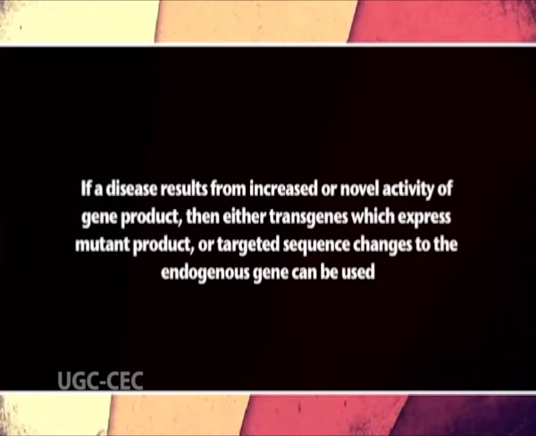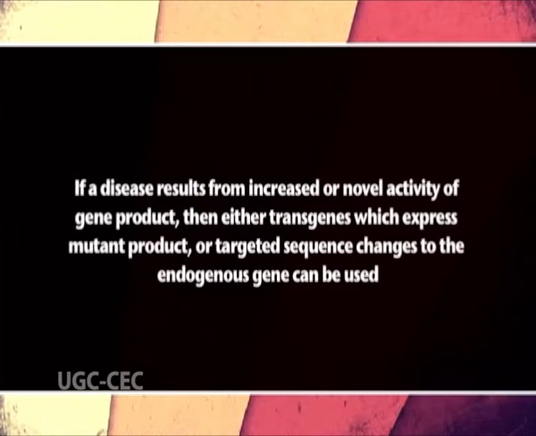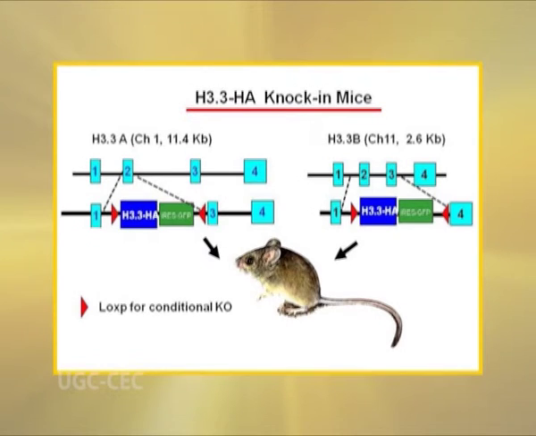If a disease results from increased or novel activity of the gene product, then either transgenes which express mutant product or targeted sequence changes to the endogenous gene can be used. If the mutations lead to partial loss of function, then gene targeting can be used to introduce a specific compromising mutation into the endogenous gene.